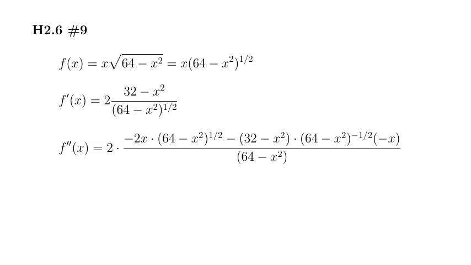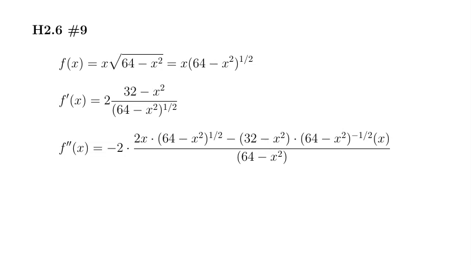Let's pull out the negative sign first. So I pulled the negative sign out, and there was a negative sign there too. Also, these two terms both have x, so I'm going to pull that out.